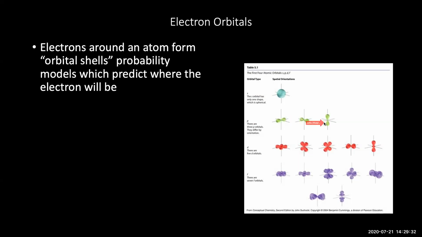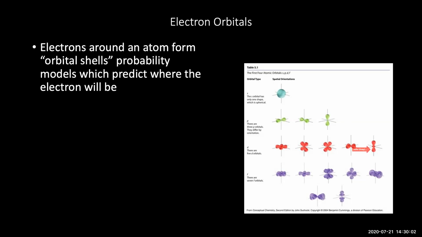So there are 6 of them because there are 3 orientations, and you can put 2 electrons in each of them. There are 5 different orientations for the d orbital shell. And you can fit 2 electrons in each of these as well. So there are 10 electrons that you can fit in the d orbital shell, and then f, and they get more and more complicated from here on out.